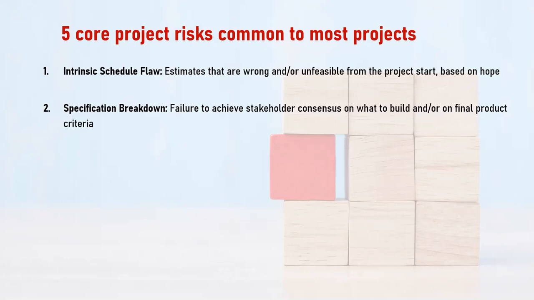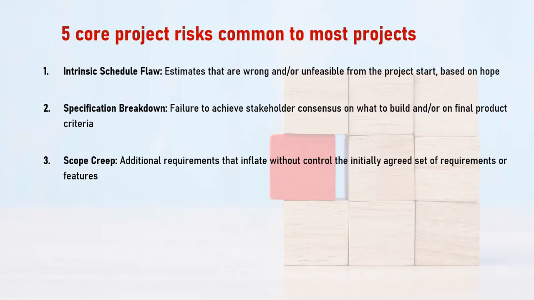Specification breakdown. That's when you can't seem to achieve stakeholder consensus. You can't seem to agree on what to build or final product criteria. It results in a lot of change requests, a lot of back and forth. Scope creep. That's a favorite PMO specter.